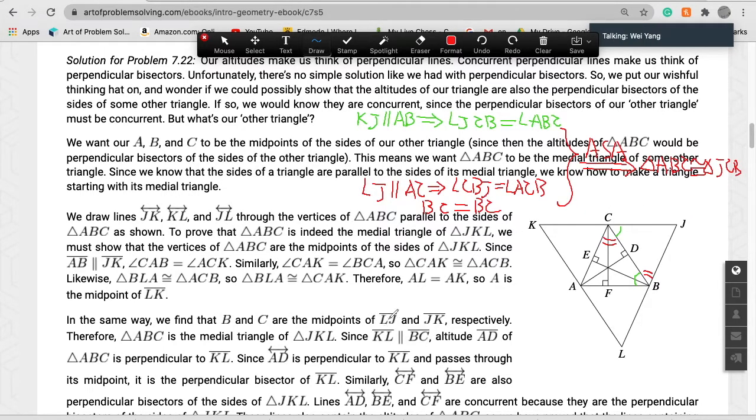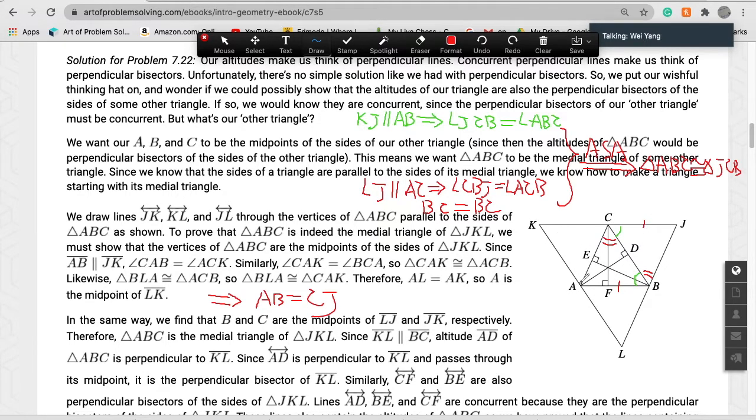After you got them congruent, then you can get AB equals CJ, right? Because AB is opposite of this angle, and CJ is opposite of this angle. These two angles are congruent. That means these two sides are also congruent. So that means this one equals this.